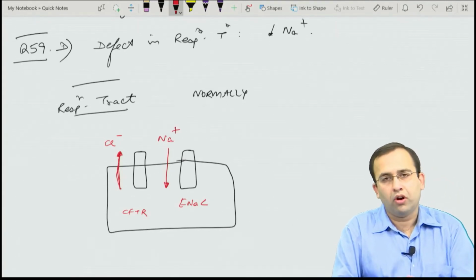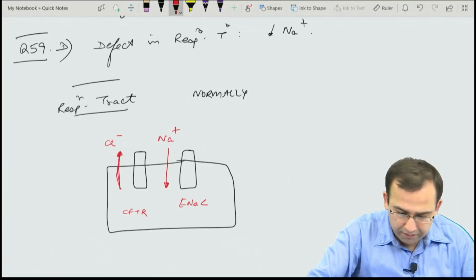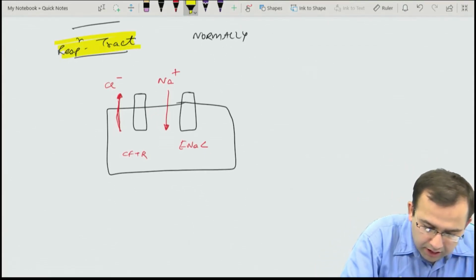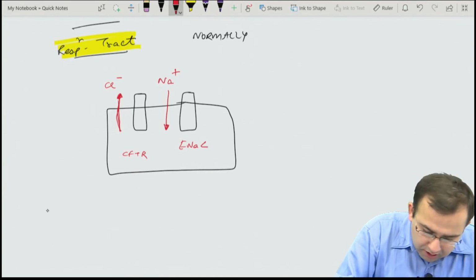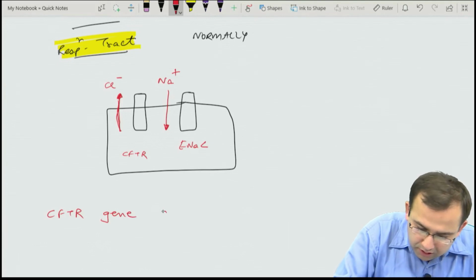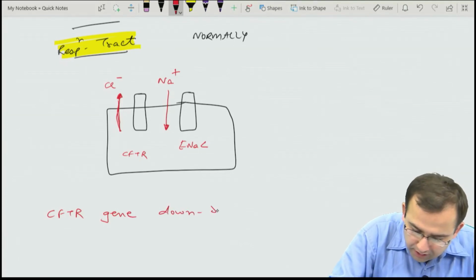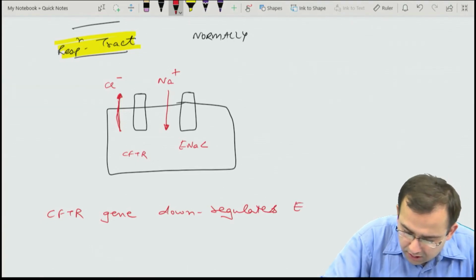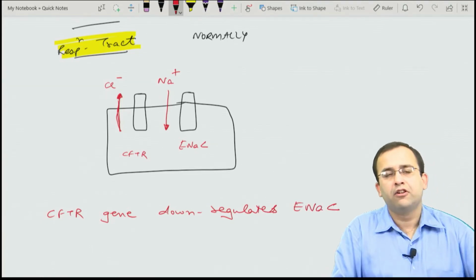This is normal. Next point, in the respiratory tract, the CFTR gene downregulates ENaC.